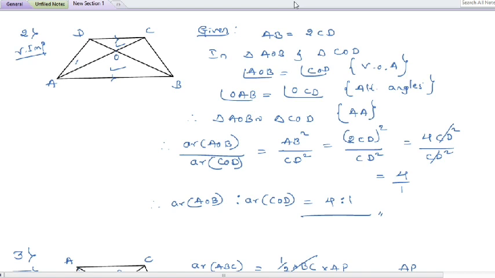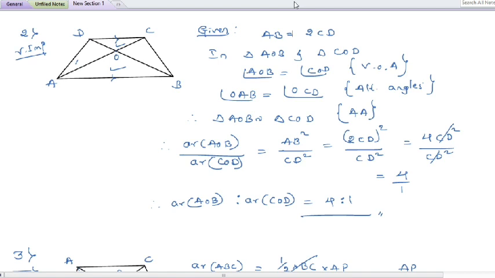Diagonals of a trapezium ABCD with AB parallel to DC intersect each other at the point O. If AB is equal to 2 times of CD, find the ratio of the areas of triangles AOB and COD.